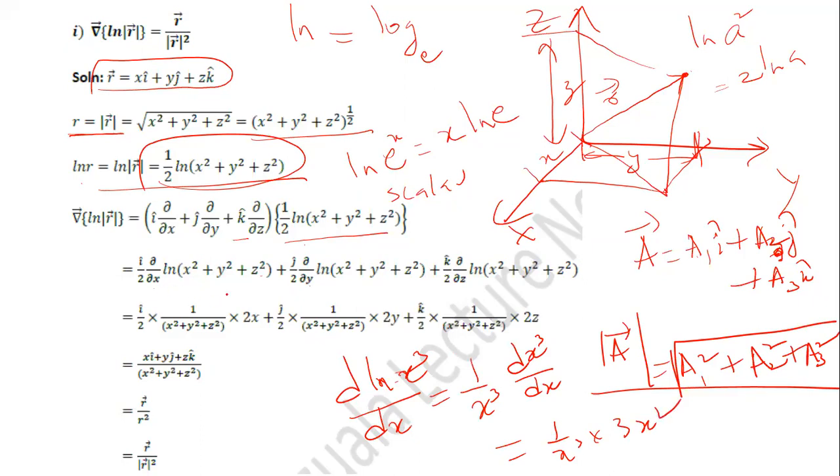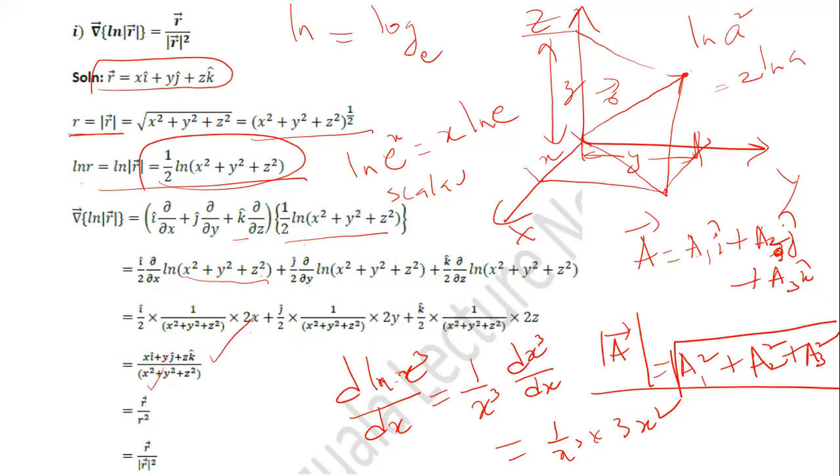So if you do that, differentiation of ln of this would be 1 upon this, and then differentiation of this quantity: differentiation of y square and z square with respect to x are 0. Differentiation of x square with respect to x is 2x. So if you follow that simple calculus, then finally this is what you get.